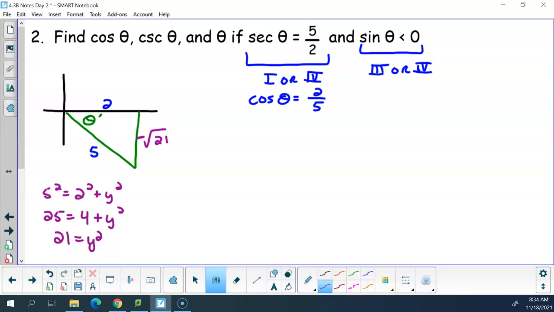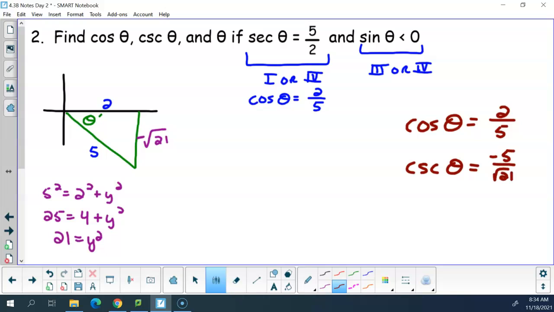Okay? So cosine of theta, we already have 2/5. Cosecant of theta would be negative 5 over the square root of 21, or negative 5 square root of 21 over 21.